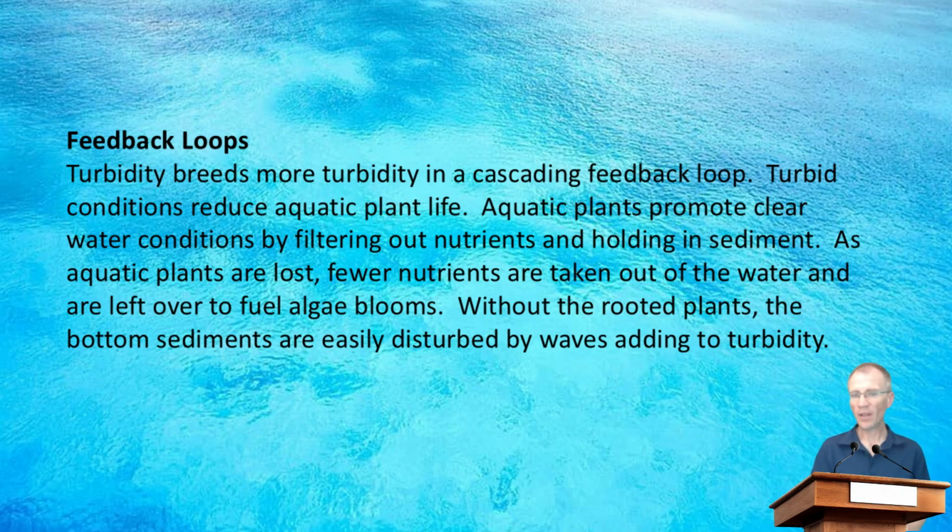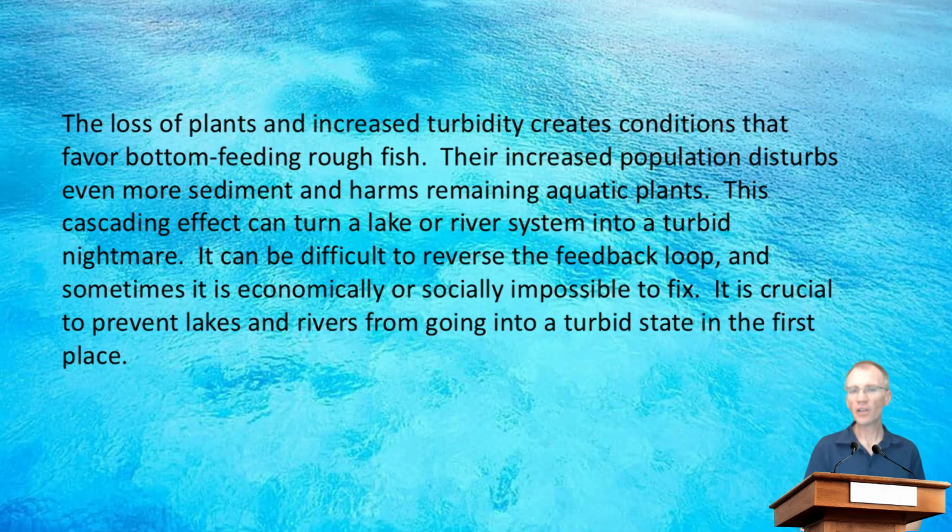Without the rooted plants, the bottom sediments are easily disturbed by waves, adding to turbidity. The loss of plants and increased turbidity creates conditions that favor bottom-feeding rough fish. Their increased population disturbs even more sediment and harms remaining aquatic plants.